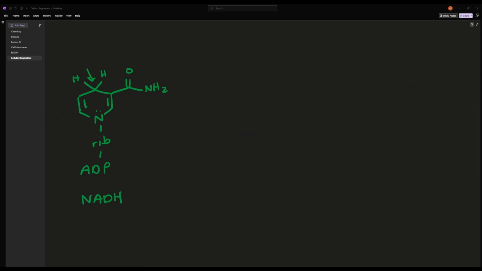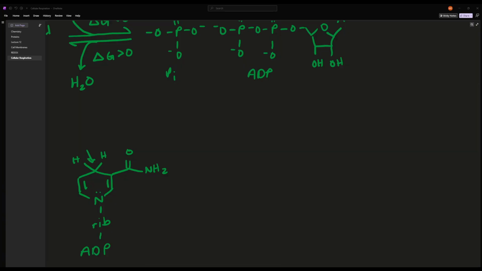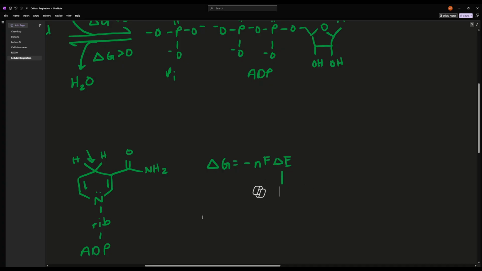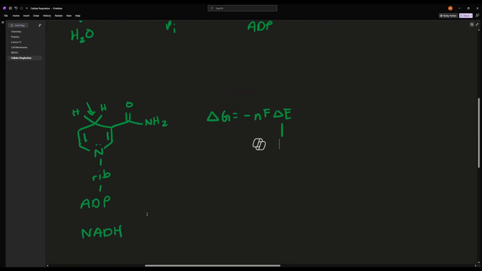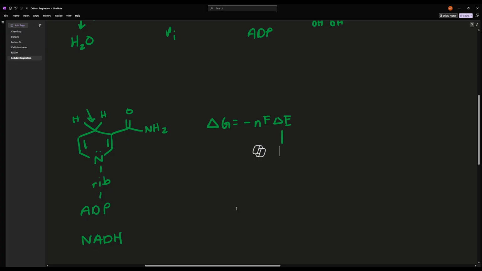Now, similarly, we want to be able to describe the delta G of this. But as we already learned, the delta G is equal to negative nF delta E. Going from NAD+ to NADH, we have the reduction half reaction, but we do not have the oxidation half reaction. So, in order to determine the delta G of a reaction involving NAD+ and NADH, we need to know who the other player is.